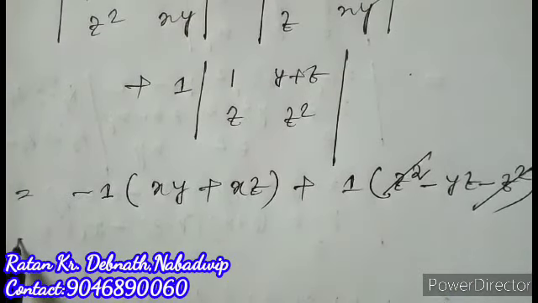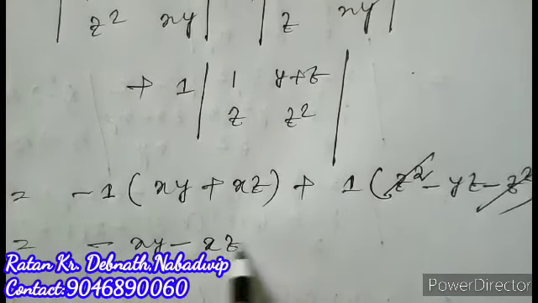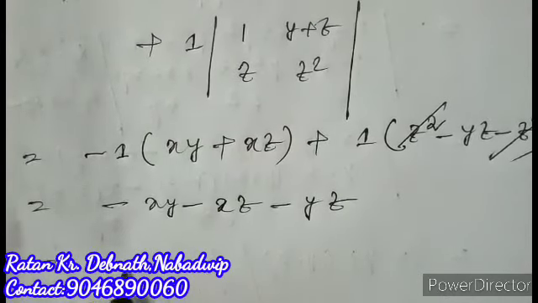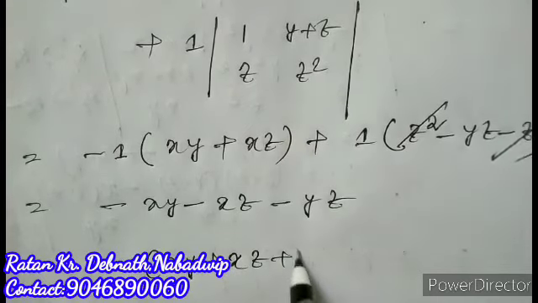Z square cancels, so minus xy minus xz minus yz. If we take common minus 1, then xy plus xz plus yz.